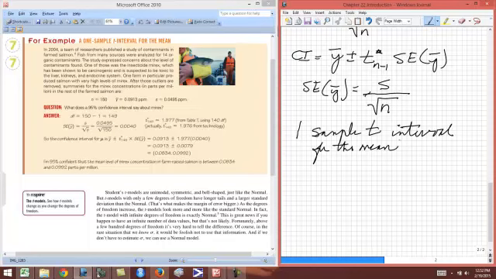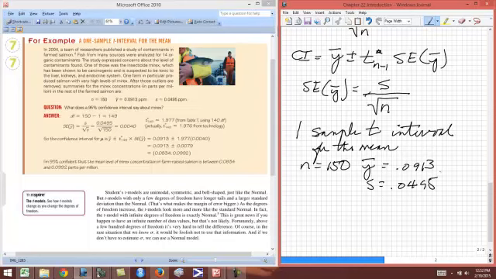All right, they were talking about contamination in salmon grown on farms. They take a sample, and n equals 150, y bar equals 0.0913, and the standard deviation from the sample is 0.0495.